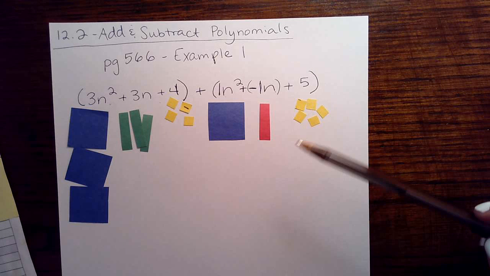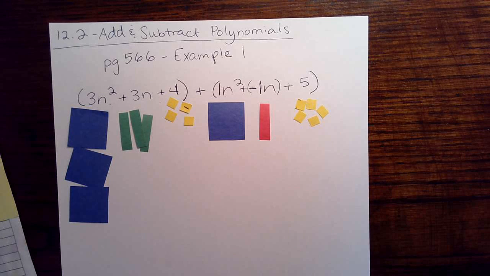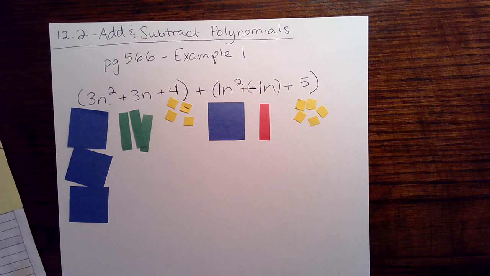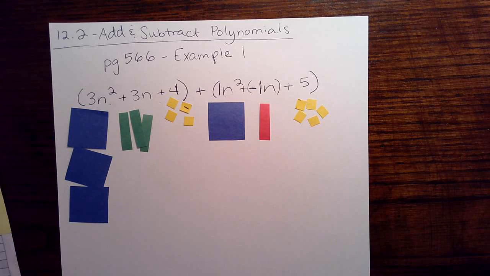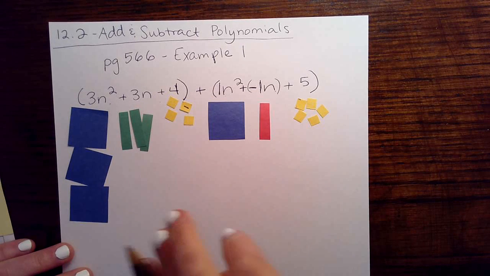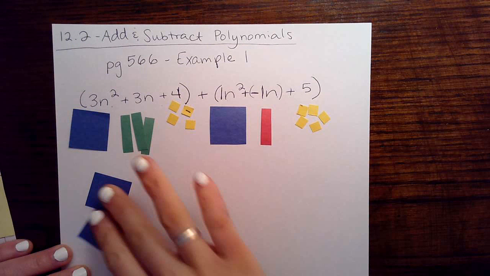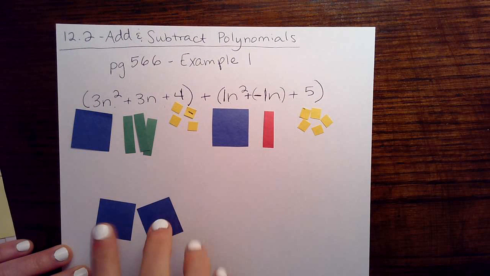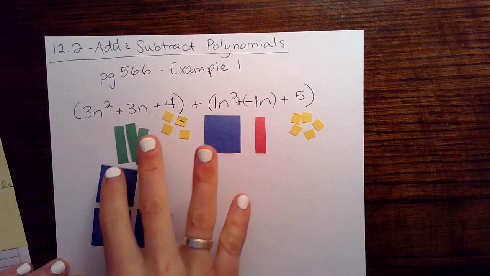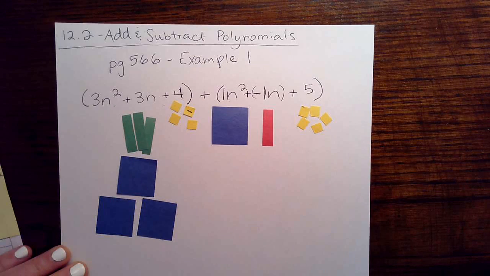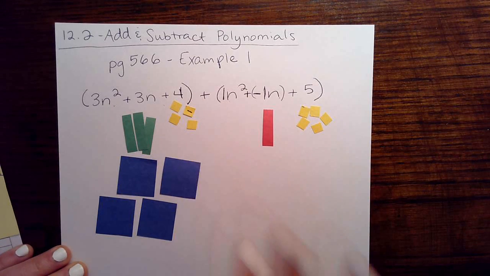When we're adding polynomials together, we are adding all of the like terms, which means in algebra tiles, things that are the same shape. So I'm looking for what things go together. As I'm writing my final answer here, I would take my n squareds. I have 3 of them from the first polynomial and 1 more from the second polynomial.